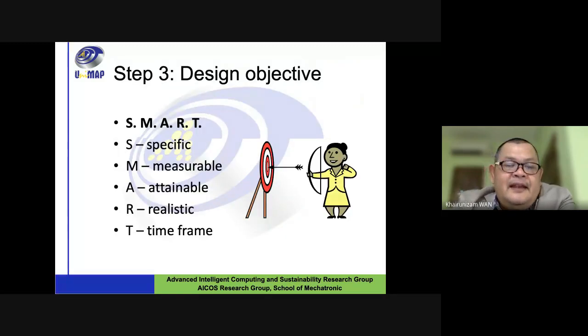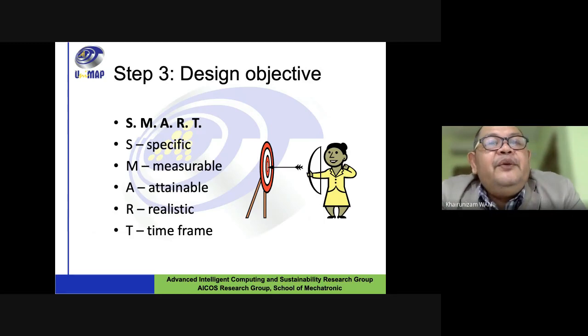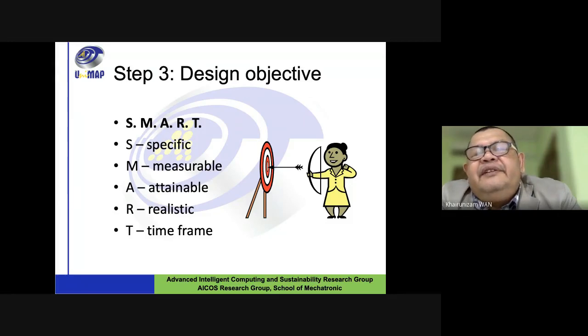Okay, and the last step in the analysis phase is to design the research objective. I don't know whether you know about the SMART criteria or not. SMART criteria is the criteria that we use to design the research objective.